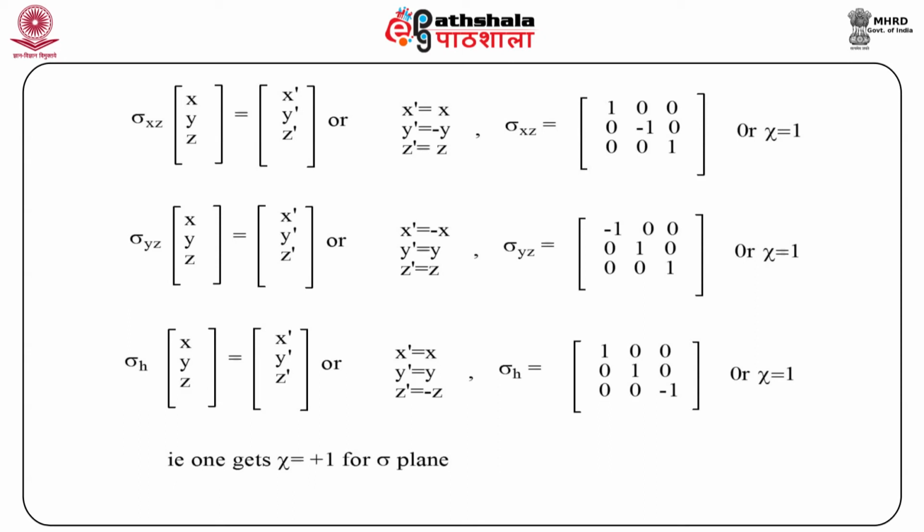Chi is 1, contributed by this. So I have seen the effect of sigma xz, sigma yz, sigma xy. I have seen the effect of I operation also.